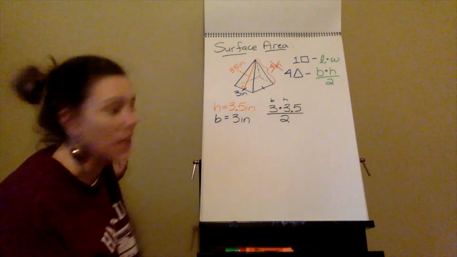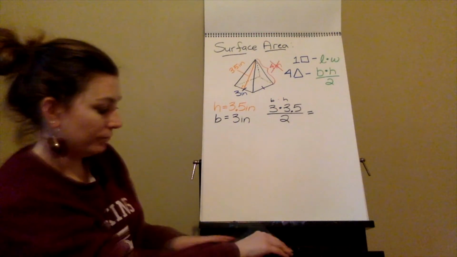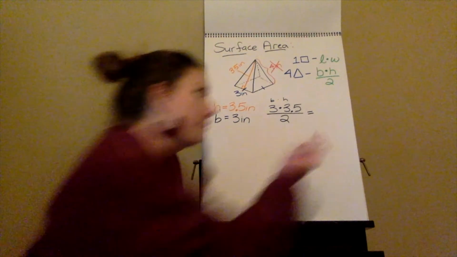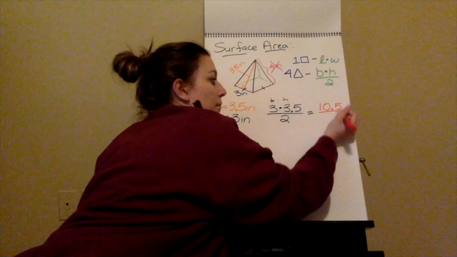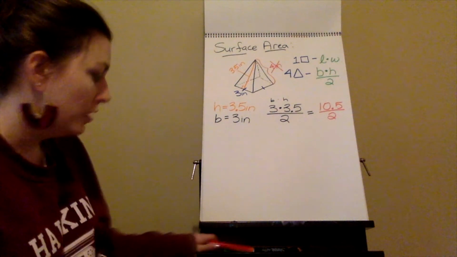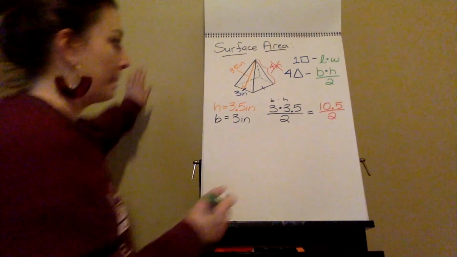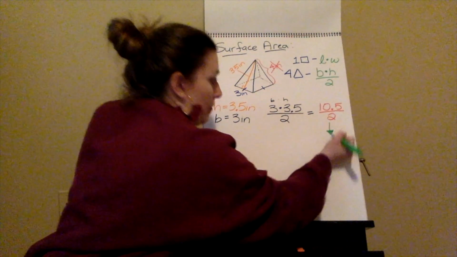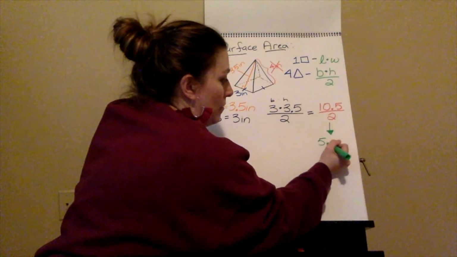What is 3 times 3.5? Should be 10.5, I believe. Then you just bring the 2 over. Now, what is 10.5 divided by 2? 10.5 divided by 2 is 5.25.